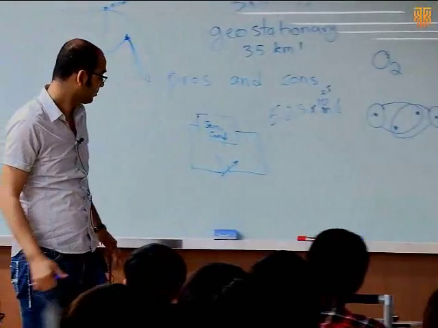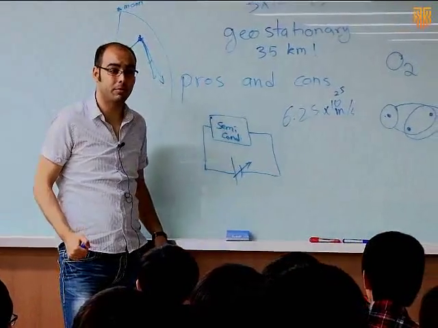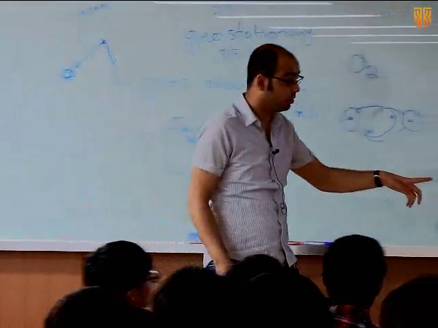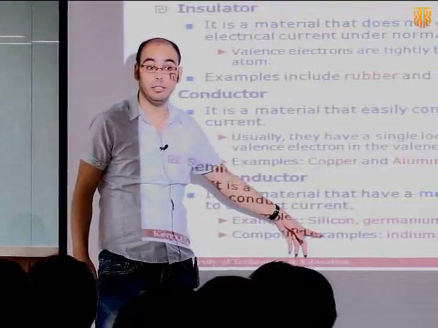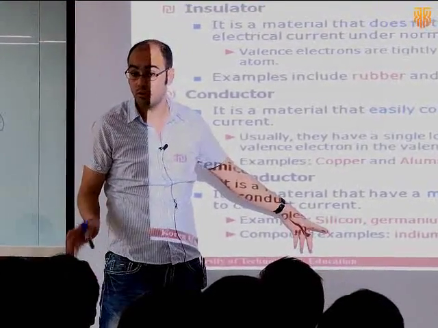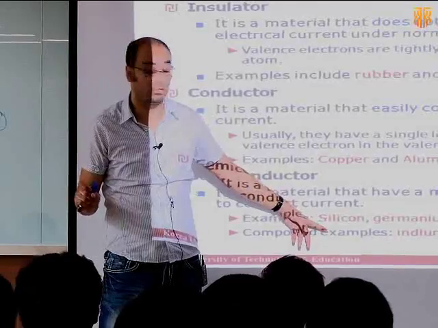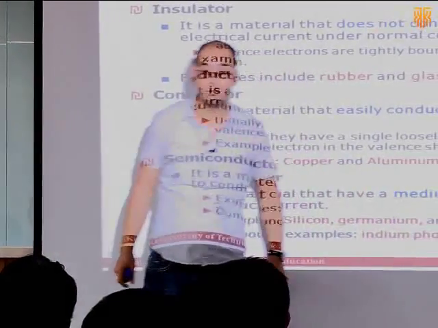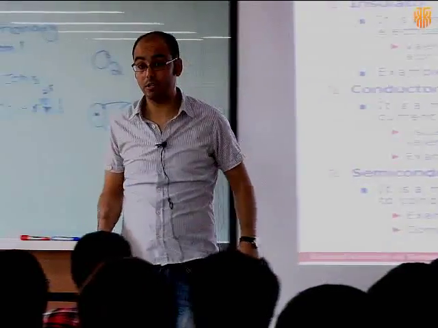But the problem is in semiconductors alone, like silicon. Do you know silicon, right? We use it so often in electronics, right? Or germanium, or carbon. Okay? These are semiconductors.